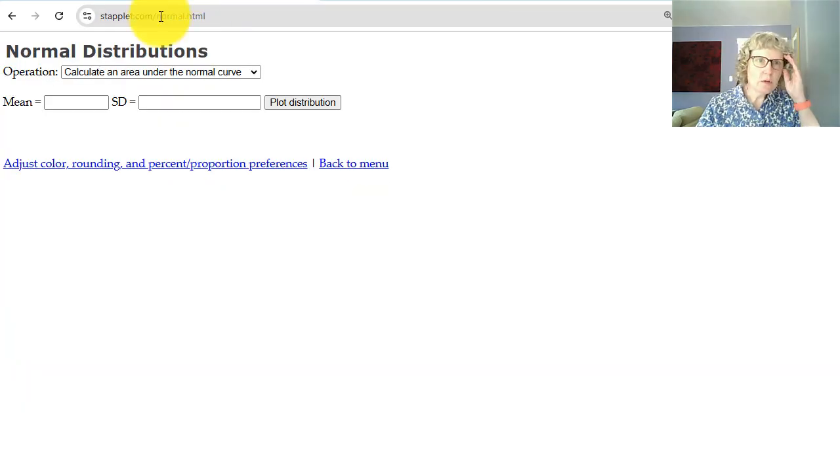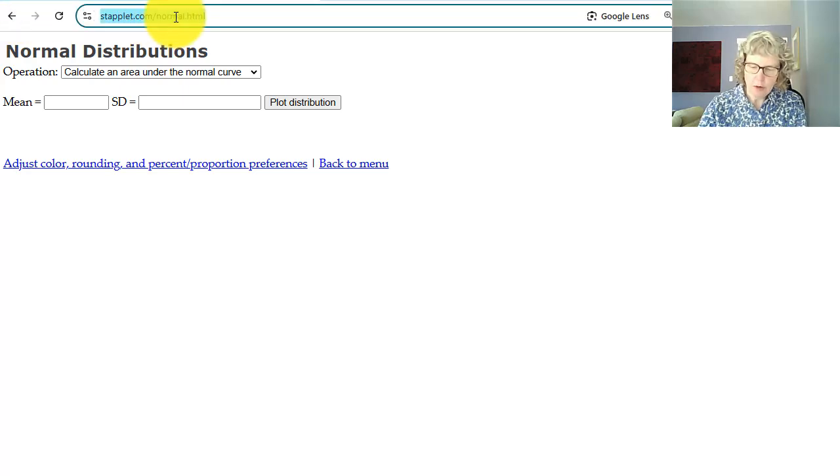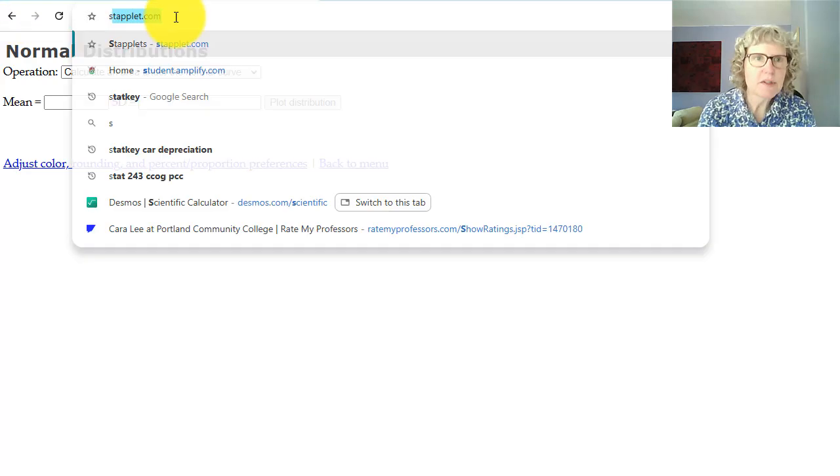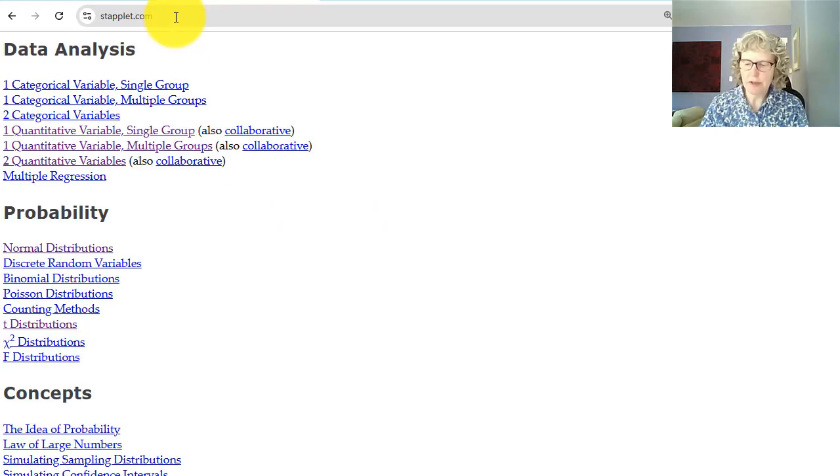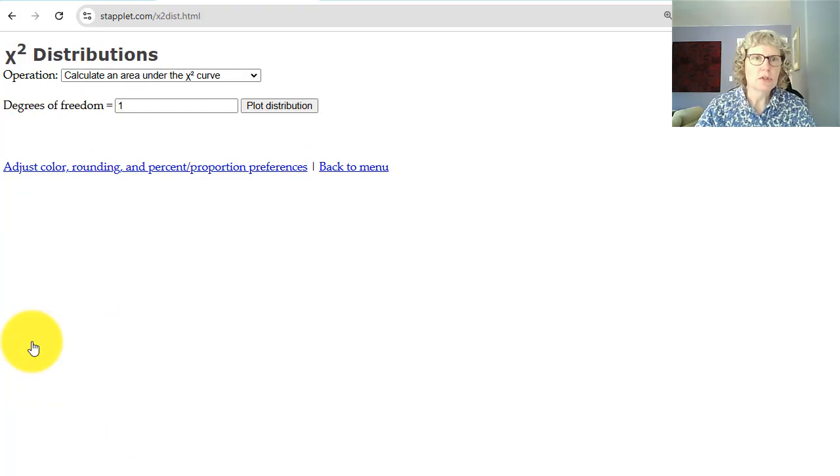Now I have the normal one open, and you probably have a direct link to this, but I'm just going to go to statplet.com because that's the fastest for me. Under probability, normal is what we have been using so far, but there are tons of distributions. T distribution, here's the chi-square distribution.